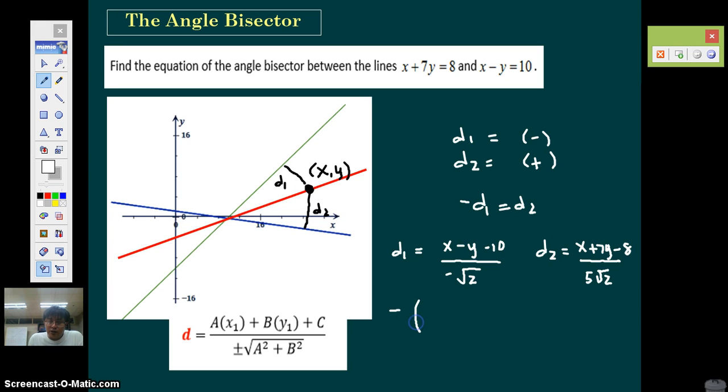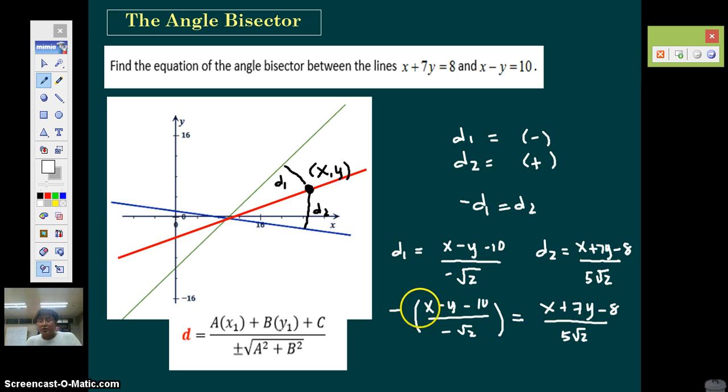So negating the quantity x minus y minus 10 over negative square root of 2, and equating this to our D2, which is x plus 7y minus 8 over 5 square root of 2. All you need to do is to simplify this equation, moving all terms to one side, making the right side 0. I'll simply distribute the negative, putting the negative in the denominator, making it a positive.